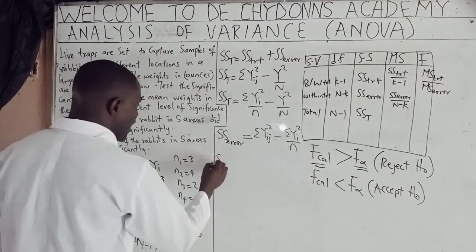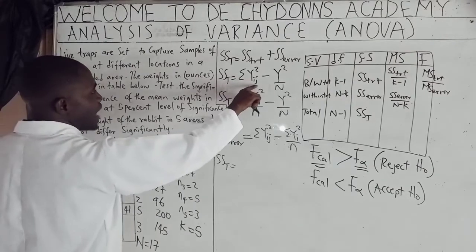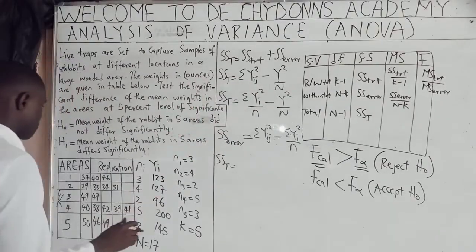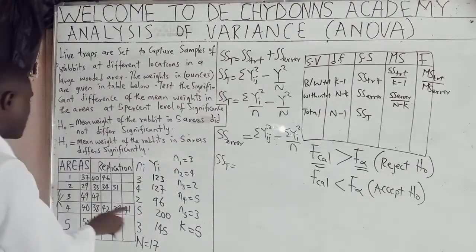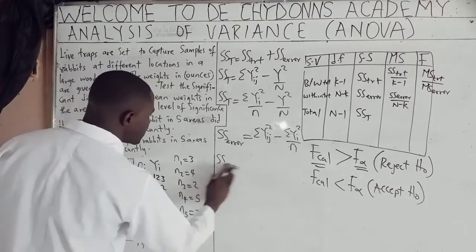I say SS total will be equal to the summation of Yij squared. It simply means I am to square everything. So I will start squaring everything.